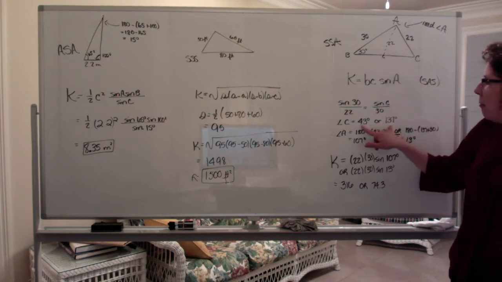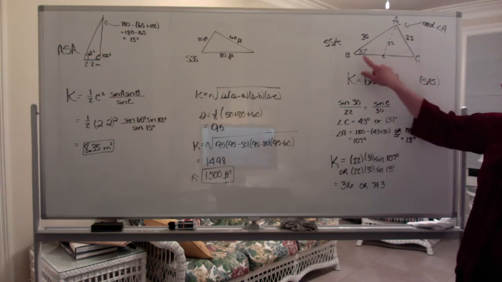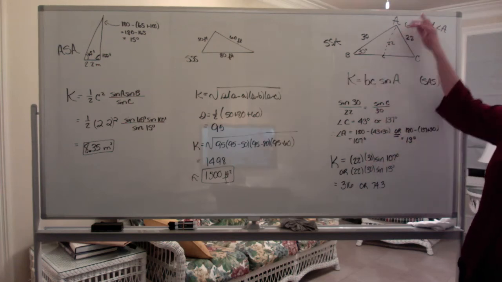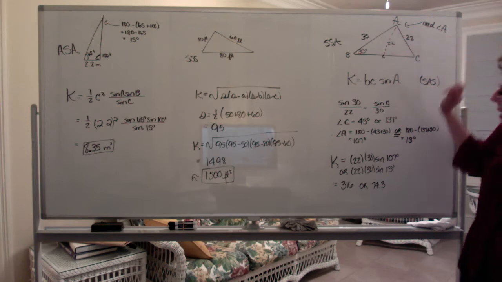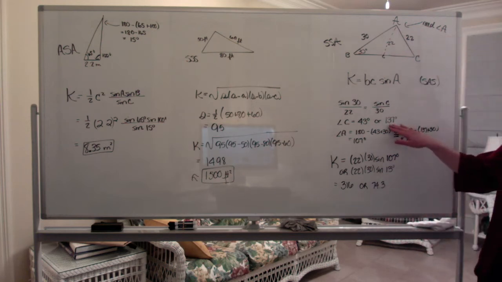I have two values for angle C. And so then to find angle A, I'm first going to go with the acute angle C. So then angle A would be 180 minus the sum of 43 and 30. And I get my angle A would be 107 degrees with this acute angle C. Now, what if C was the obtuse angle, 137?